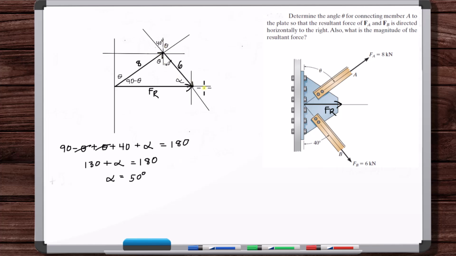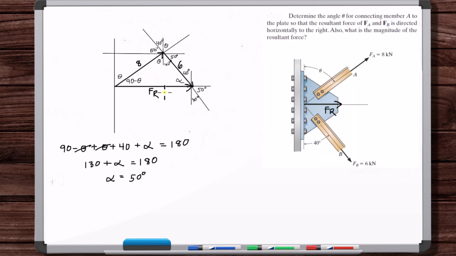Okay, these two lines are parallel. Here's a transversal, so this is 40. This is 40. Now this is 50, right? That's alpha. This is 50. Okay, so I can't find any other angles. What else can we do?